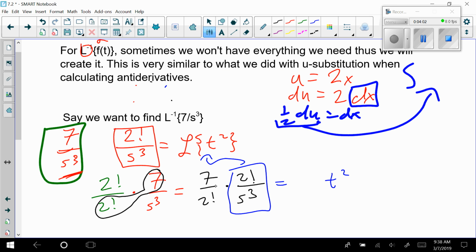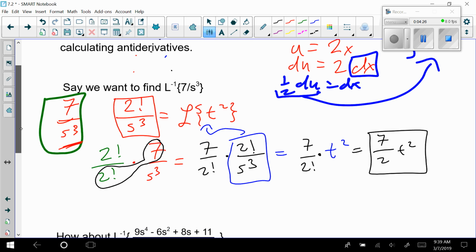This is the constant, so the constant gets pulled out, and I just stack it on, times it. We could do a little manipulation and say this is 7 over 2 times t squared, and that is the inverse. So that's only your first one.